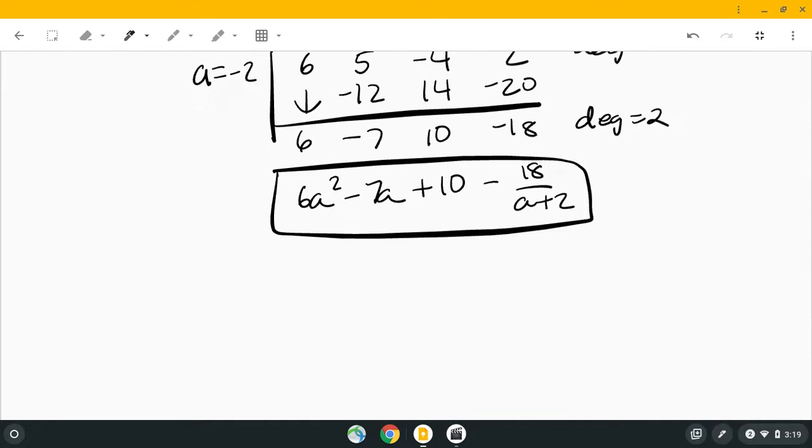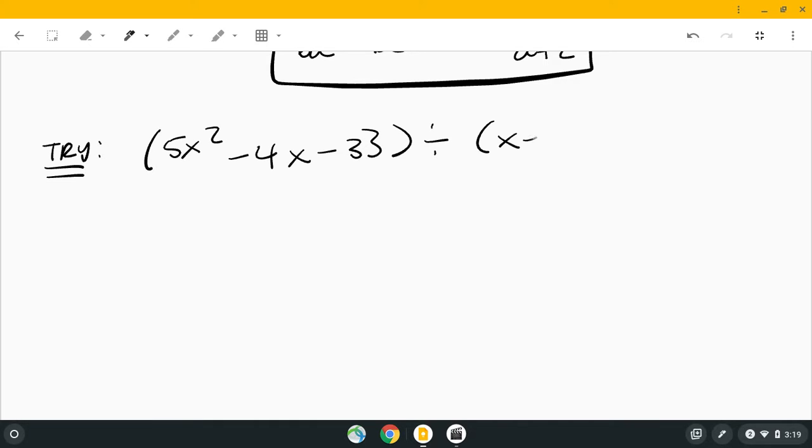Let's have you guys try this one. Five x squared minus 4x minus 33 divided by x minus 3. Go ahead and hit the pause button, give it a try, and then come right back.